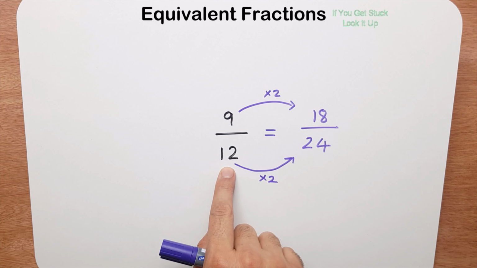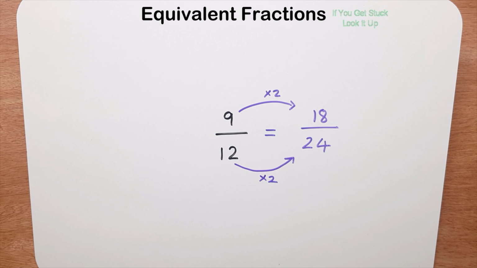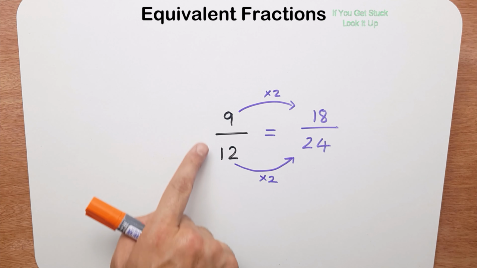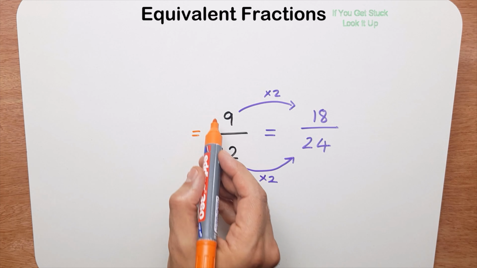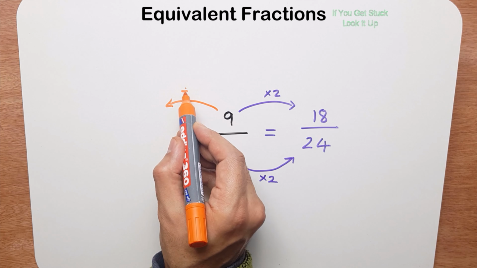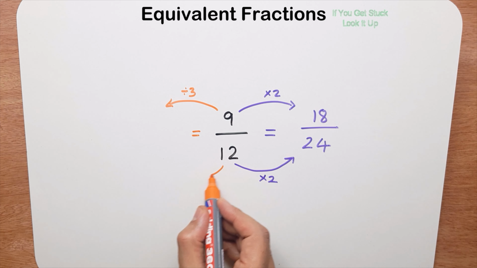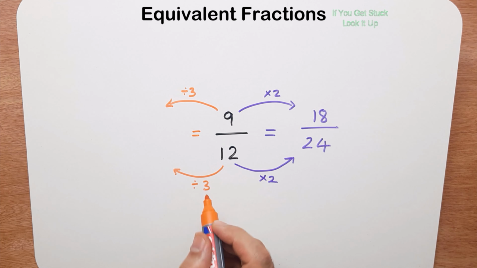Now what I have are 2 equivalent fractions. Now because I know both 9 and 12 are in the 3 times table, what I can do is divide the 9 by 3 and divide the 12 by 3.